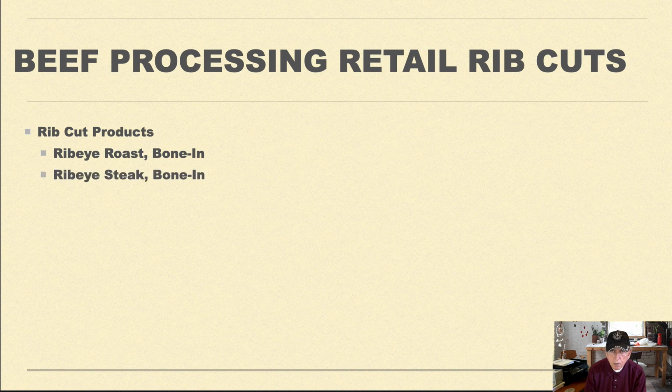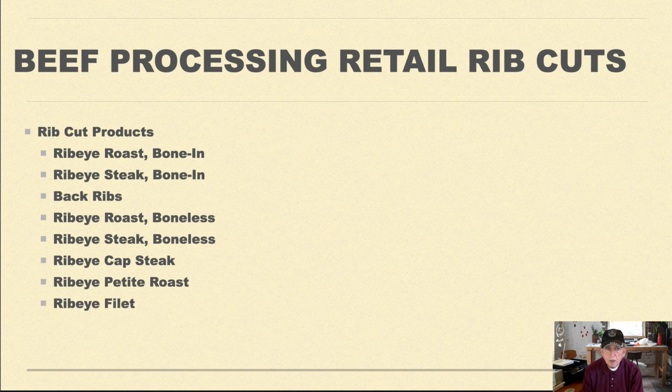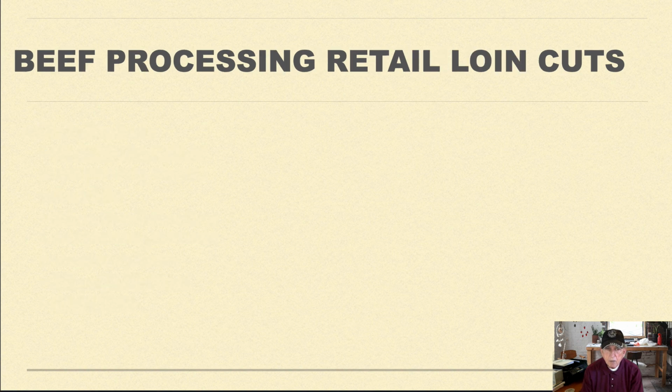The processing of the retail rib cuts are ribeye roast, bone in, ribeye steak, bone in, back ribs, ribeye roast, boneless, ribeye steak, boneless, ribeye cap steak, ribeye petite roast, ribeye fillet.